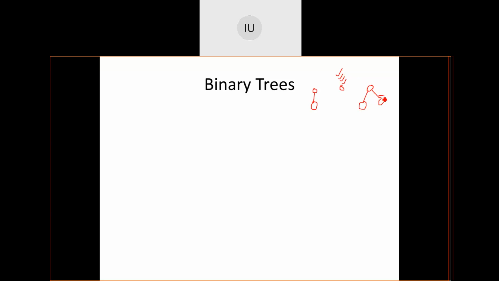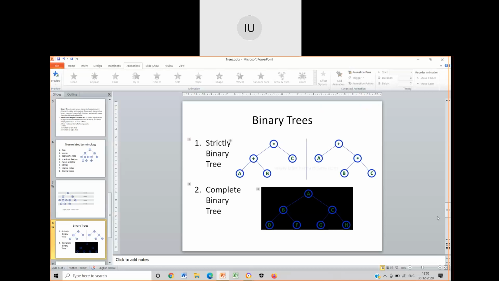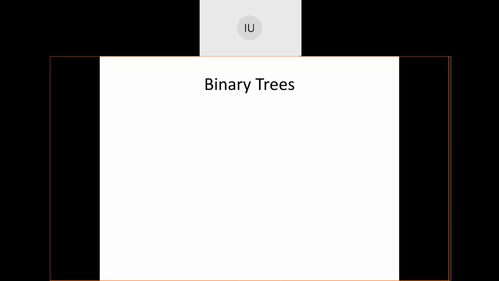With this background, I'll go through a few of the important subtypes of binary trees. Let me go to the first one, something called a strictly binary tree. Let me discard what I have written and begin again. Now I have three very important categories of binary trees.